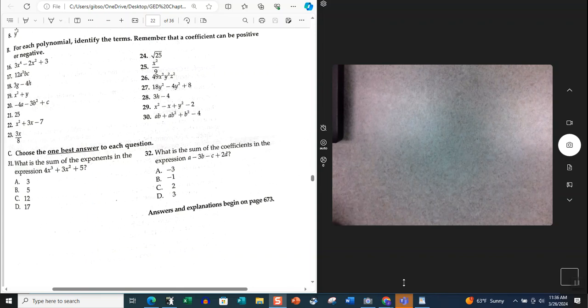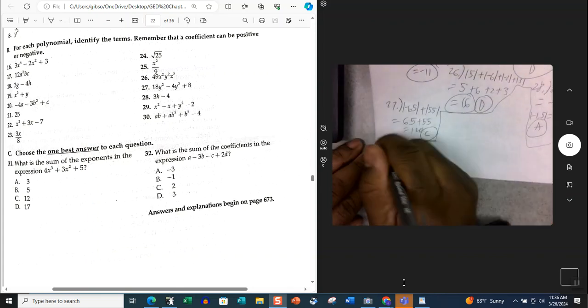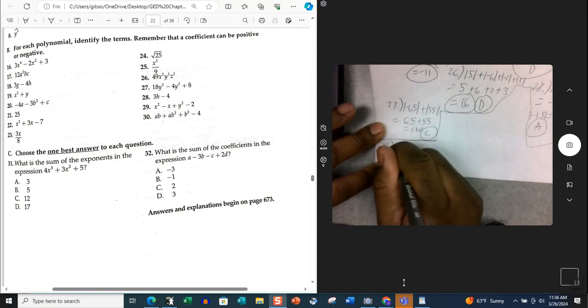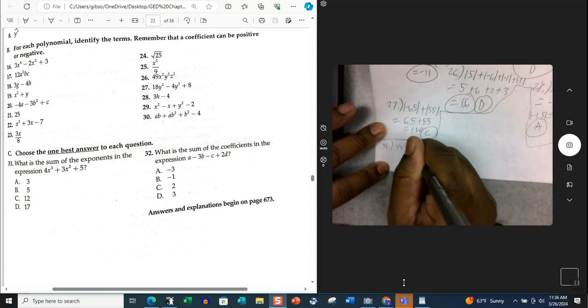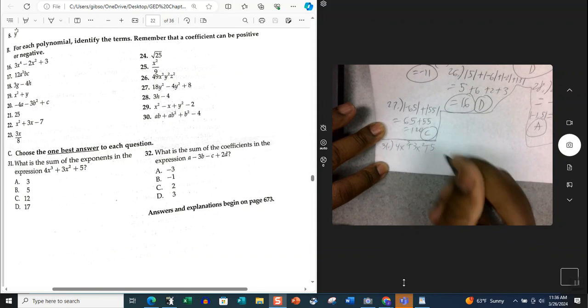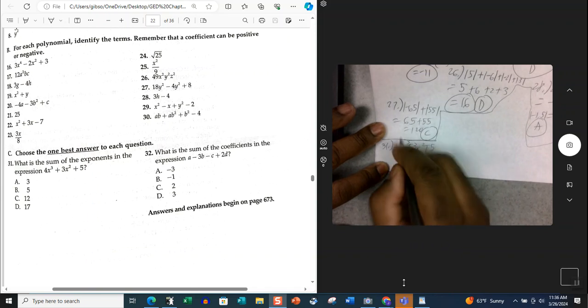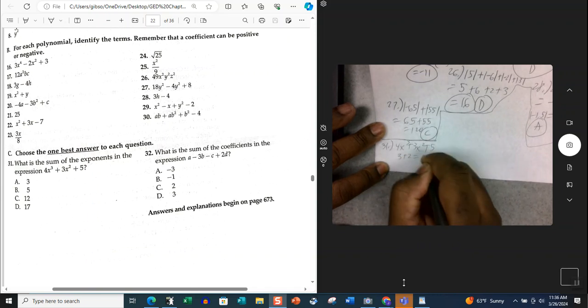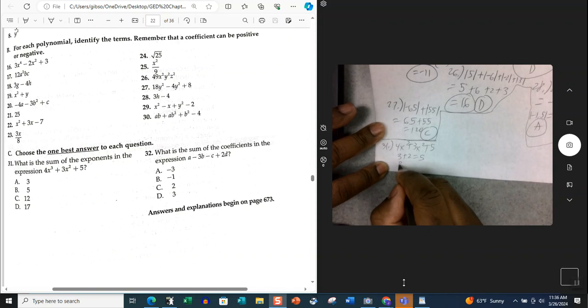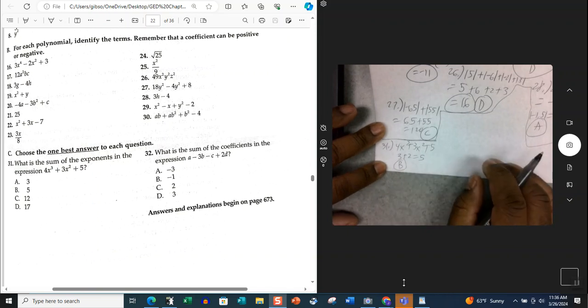Let me write this down for problem 31. We have 4x cubed plus 3x squared plus 5. The only exponents that you have here are the 3 and the 2. So we would add those two together and it would give us 5. So our answer would be B.